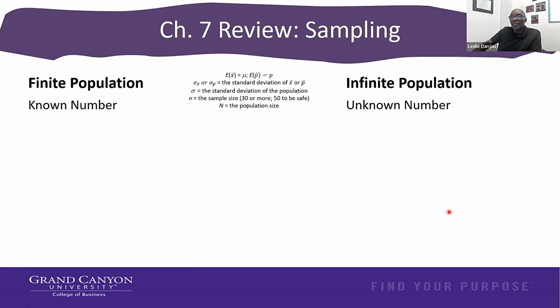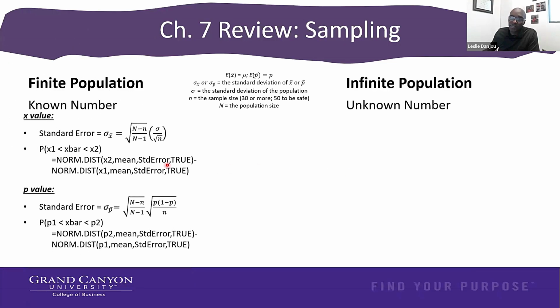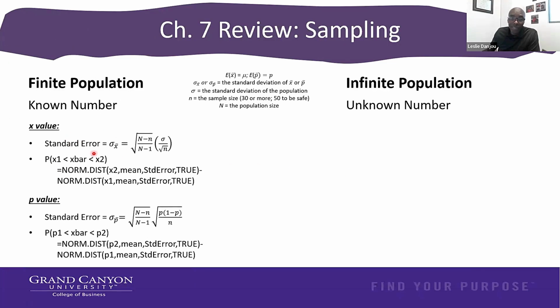Chapter 7. Can we use a sample to understand our data? Of course we can. But we've got to keep this simple. When we're calculating probabilities, especially from a sample, it is a two-step process. First, we find our standard error. Then we find our probability.